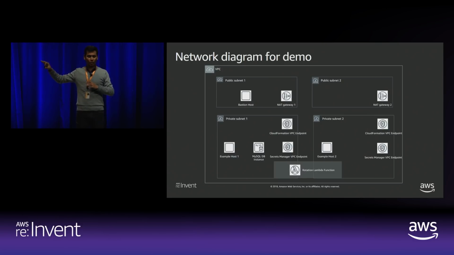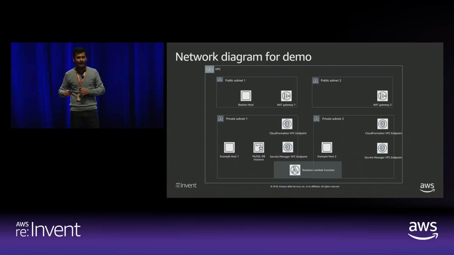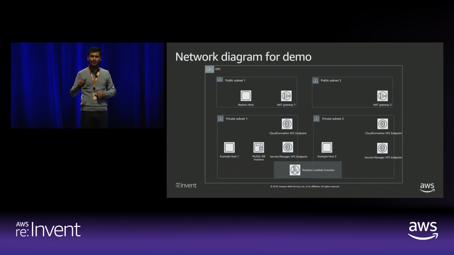And through all of this, I've set up a Lambda function which rotates this secret. So what I'll do next is I'll show you these resources, and then I'll run a few commands from the AWS CLI to show what this looks like if you are within one of these hosts and retrieving the secret.